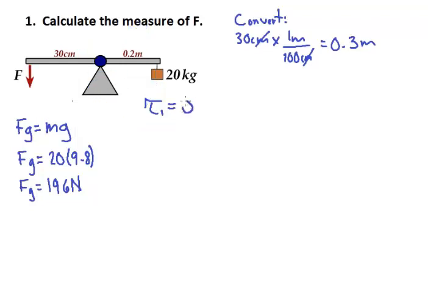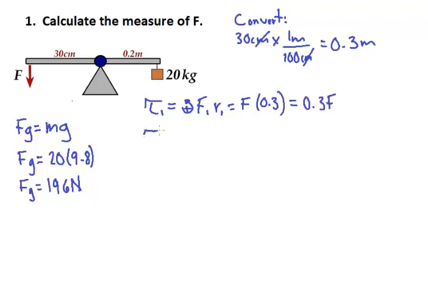So I know I have a positive torque in here, and torque is force 1 in this case times lever arm 1. The first force being F, the lever arm being 0.3. Since it's positive, I'm not going to put any sign in there, and 0.3 times F will be 0.3 F.